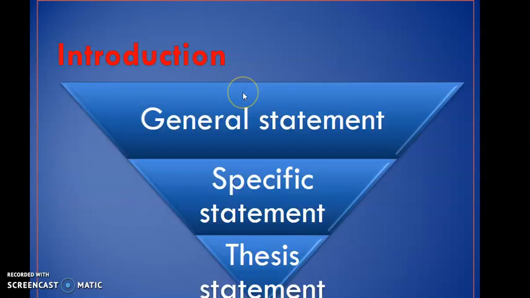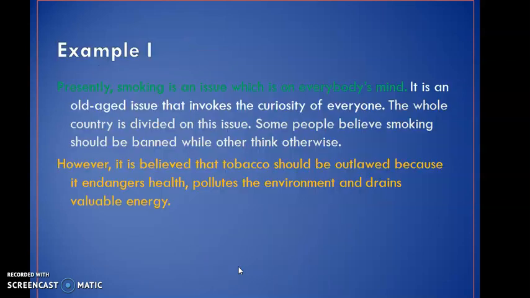So in the introduction, there is one specific thing that you must know as a reader. It helps you a lot, and it is called thesis statement. Let's see some examples of thesis statement. So consider this as an introductory paragraph. Which one is the thesis statement?